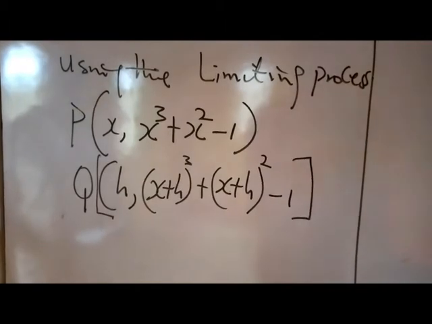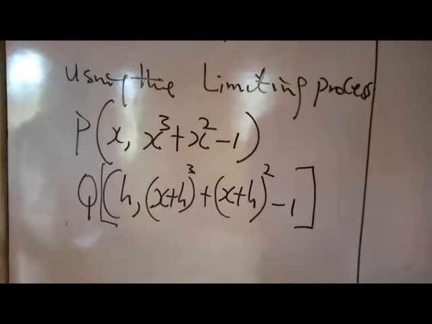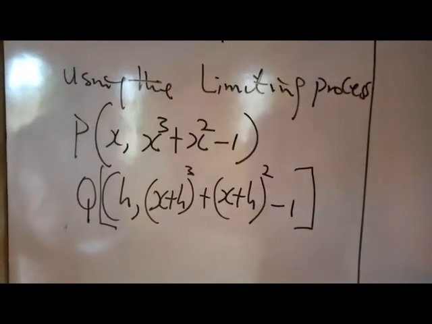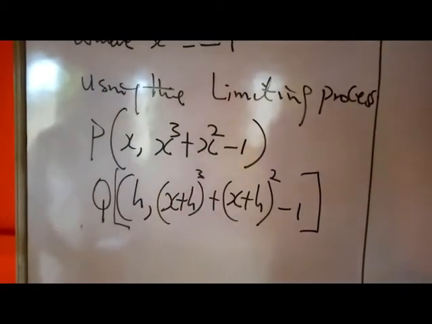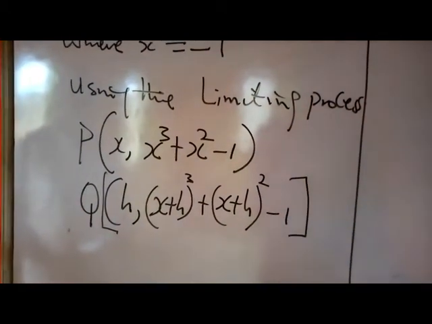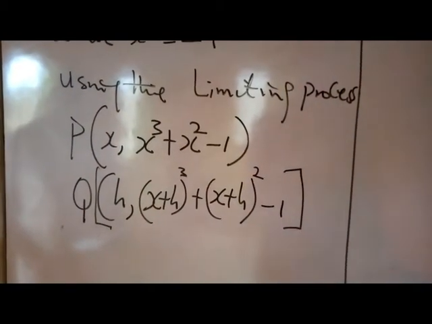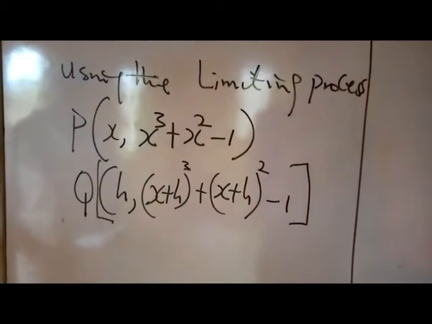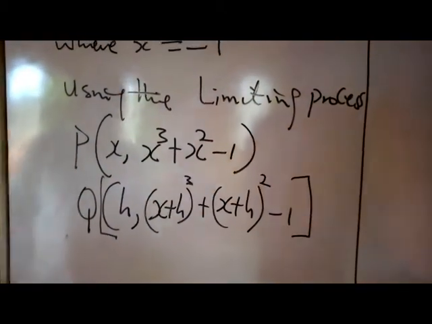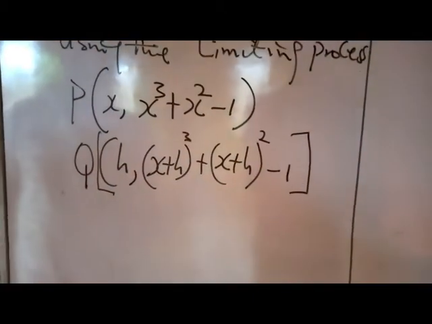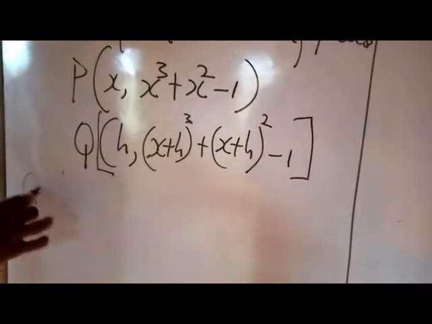While in the Q coordinate, we have x plus h, which is the x axis. In the y coordinate, or the y-axis, we have x plus h raised to power 3 plus x plus h raised to power 2 minus 1.